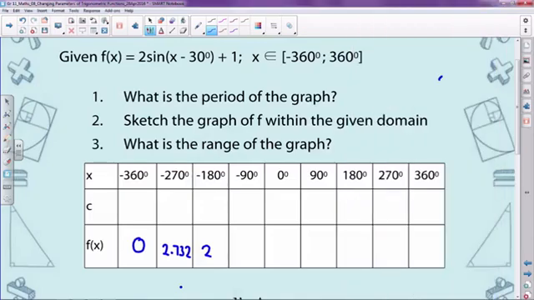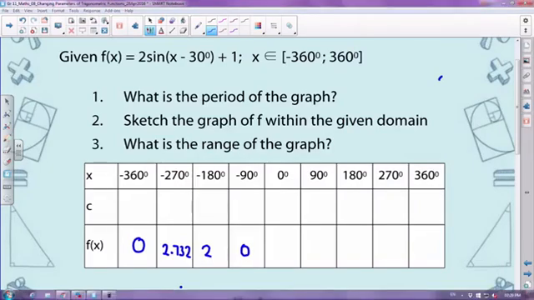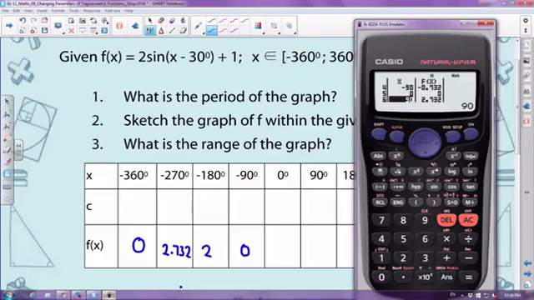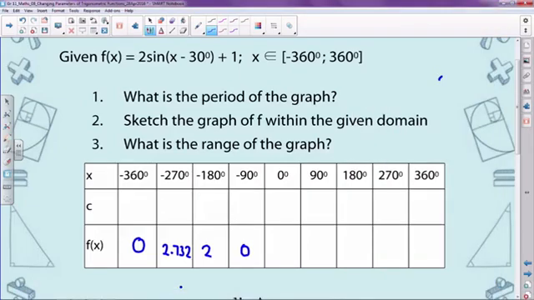Okay, minus 90, my bad. This one is actually negative 2.732 and then 0 here.